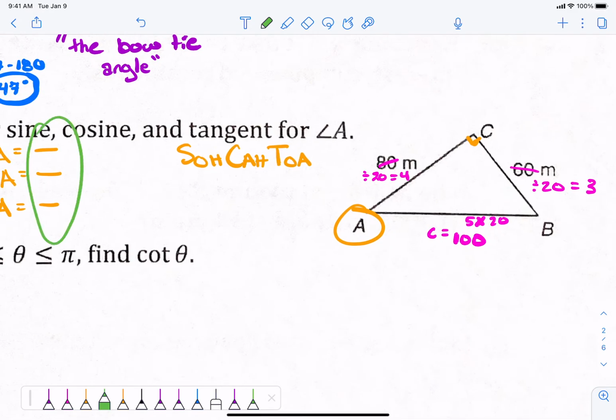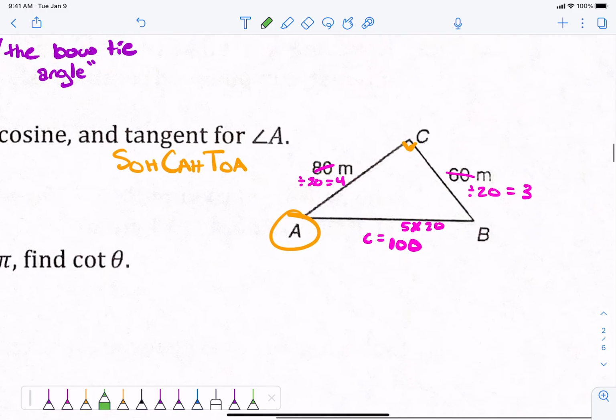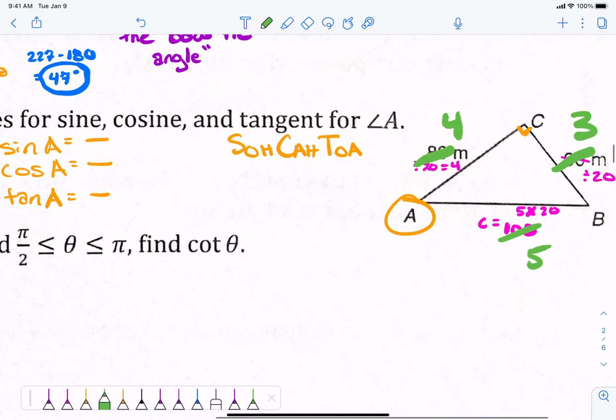So we might as well reduce them on here and literally call them a 3, a 4, and a 5. We don't care that they're 60, 80, and 100. Because when we do it over here, it'll be like 60 over 100, whatever. We're going to end up reducing it to 3 over 5 and 4 over 5, etc. So we might as well reduce them on this triangle versus reducing them later, okay?